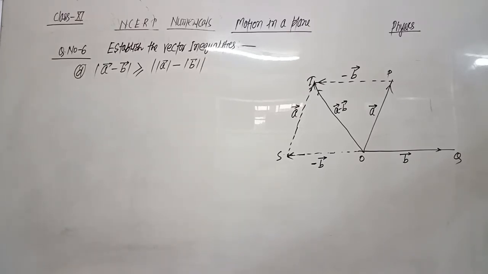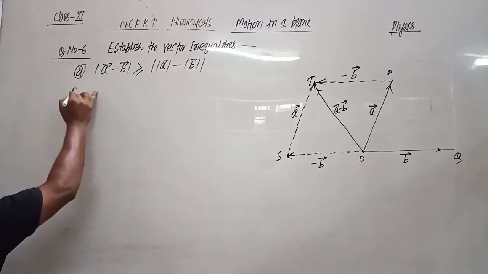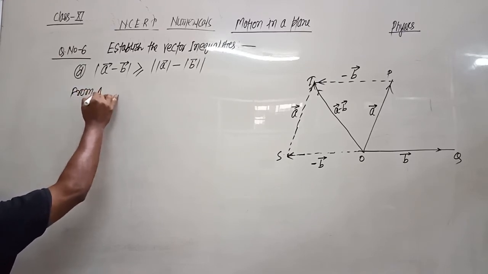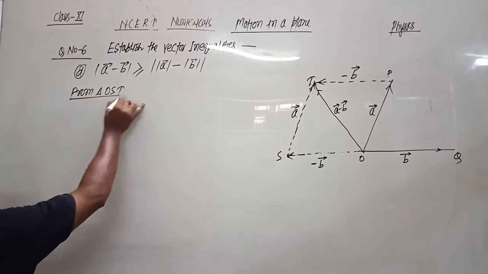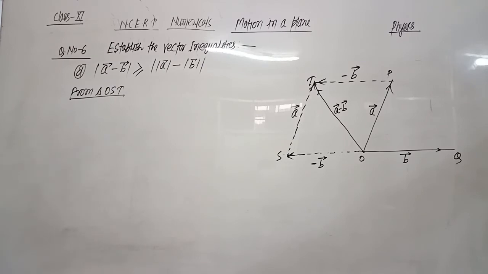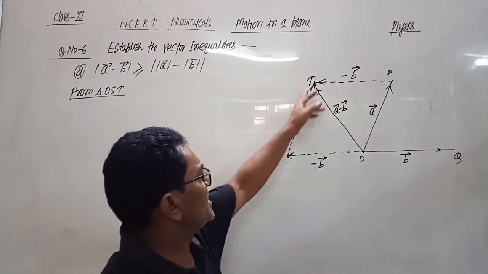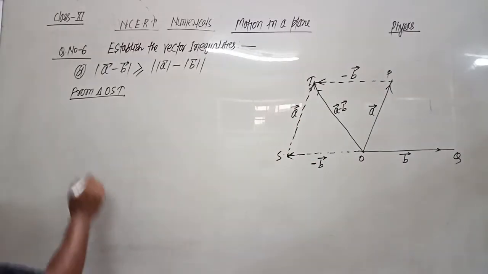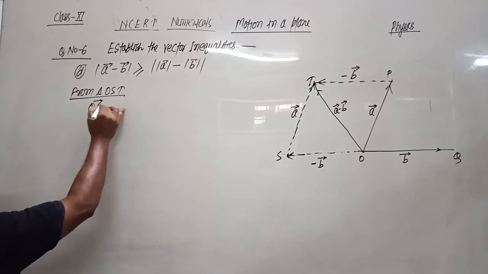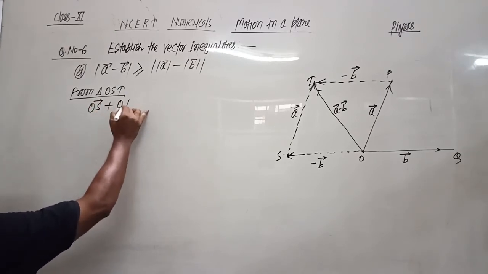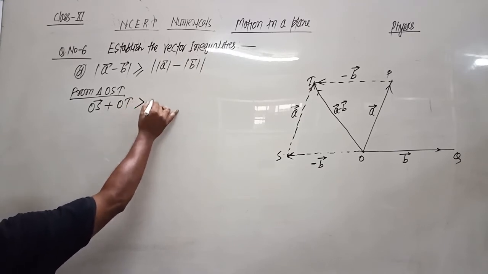So from triangle OST, we can write OS plus OT is greater than ST. OS vector plus OT vector is greater than ST vector.